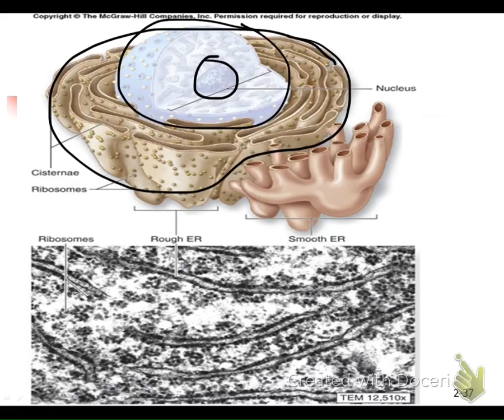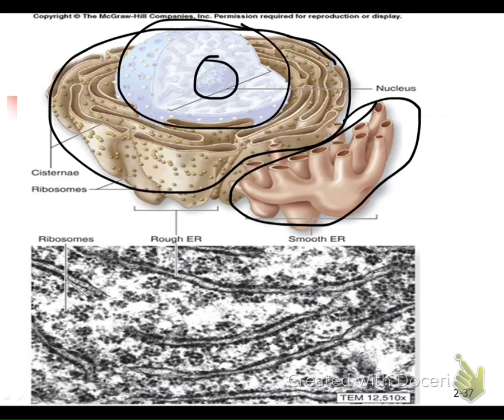Keep in mind that this is a cutaway, and that the rough ER would be going around the entire spherical nucleus, right? Not just in the planes that we're seeing, but around the entire spherical center. And then further away from the nucleus would be what I always think of as looking like underwater sponges of some sort, and those would be the smooth ER.